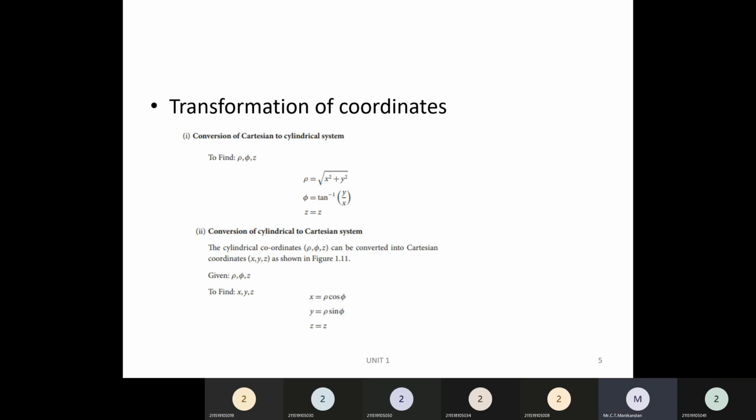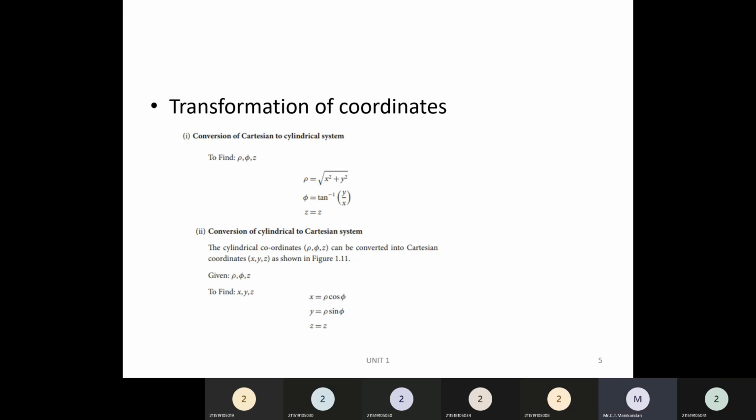I am having the point in Cartesian coordinates as 2, 3, 5, and I want to convert it into cylindrical coordinates. So this kind of formulas we have to adopt. Similarly, we have given the list for all the coordinate systems. So we have to be thorough with all the coordinate systems.